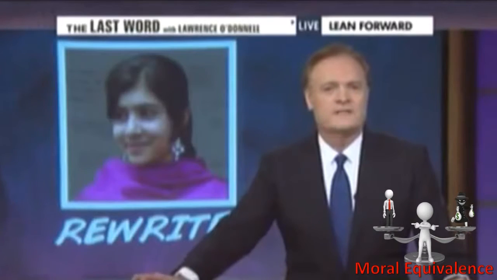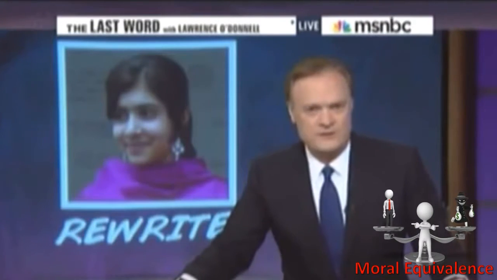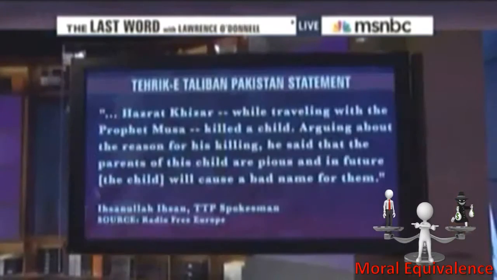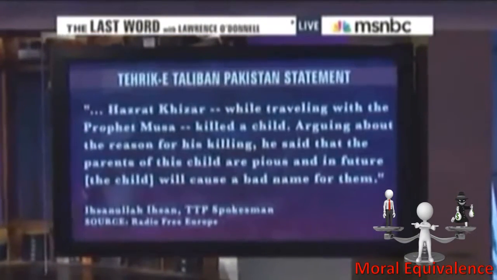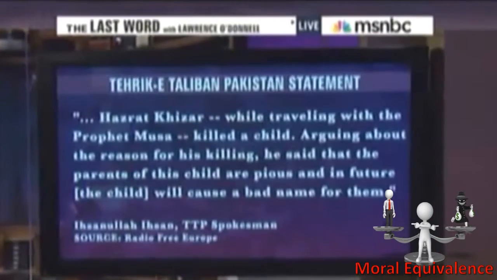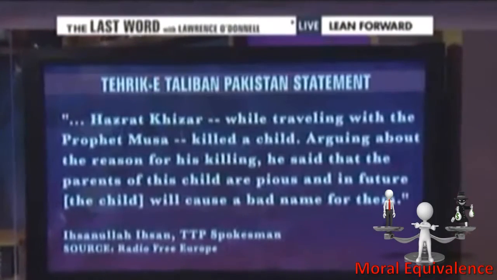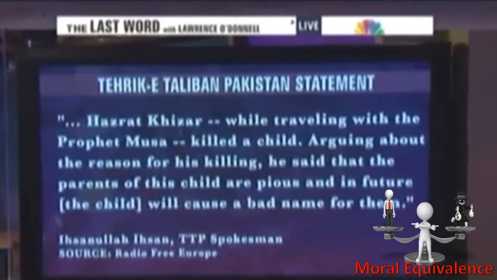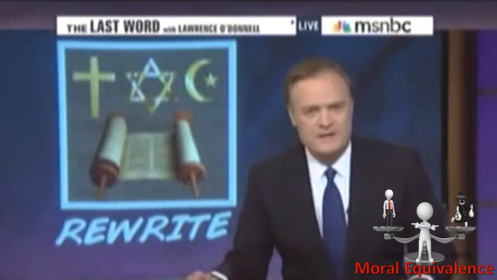The Taliban defended attempting to shoot and kill a child with another story in the Quran. Hazrat Khizar, while traveling with the Prophet Musa, killed a child. Arguing about the reason for his killing, he said that the parents of this child are pious, and in future the child will cause a bad name for them.